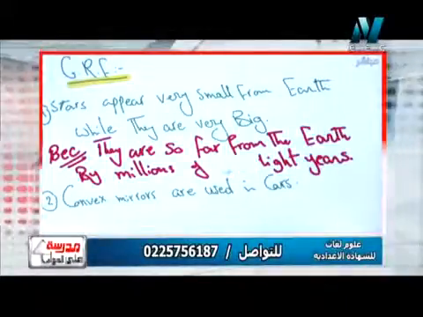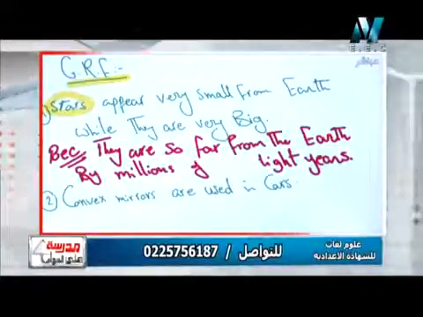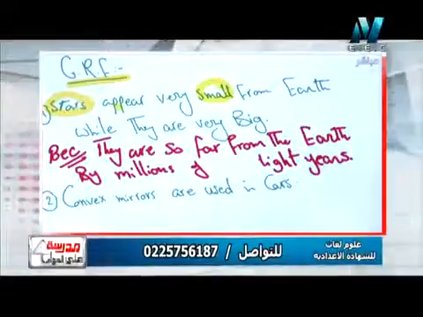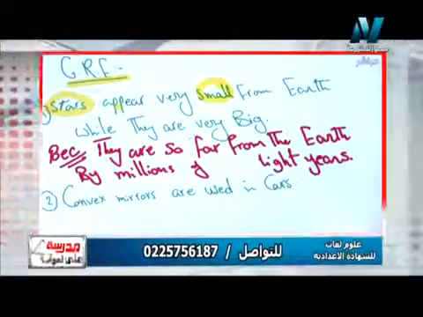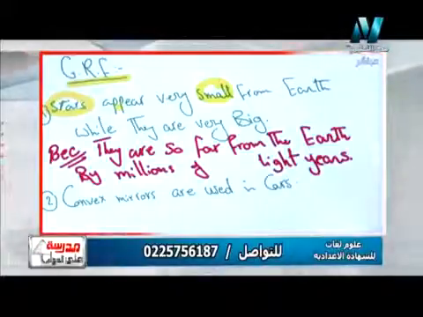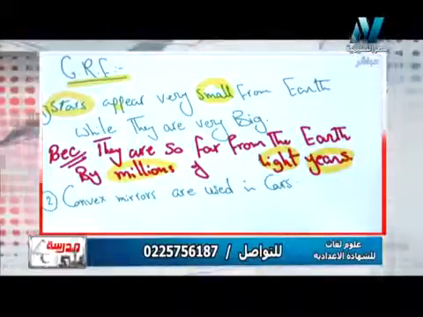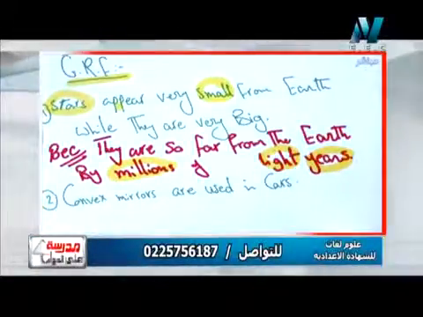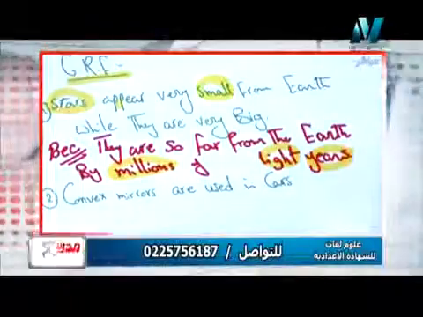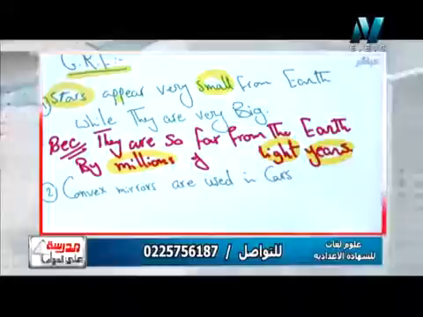So here we answer question or give reason number one. Stars appear very small from the earth while they are very big. أقول له because they are so far from the earth by millions of light years بملايين السنين الضوئية هم بعيد عننا. And 1 light year equals 9.467 times 10 to the power of 12 kilometer. And we know this very huge number.